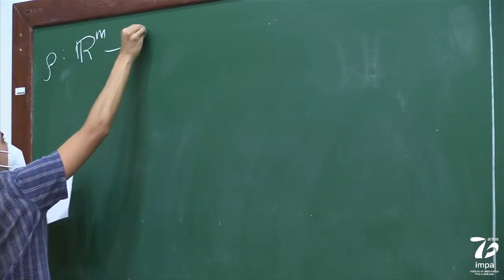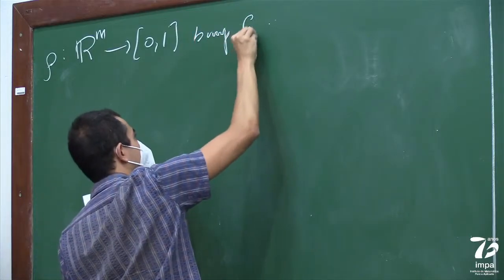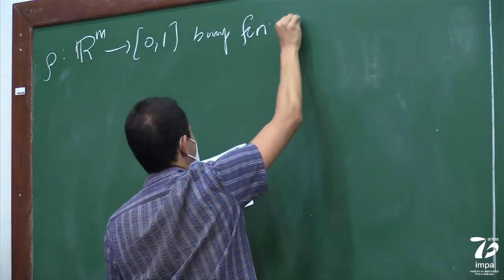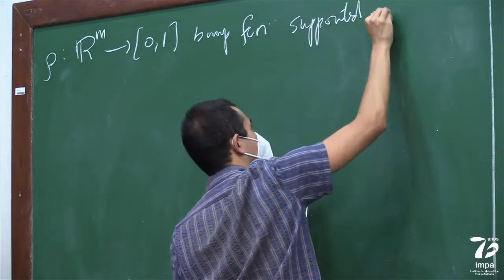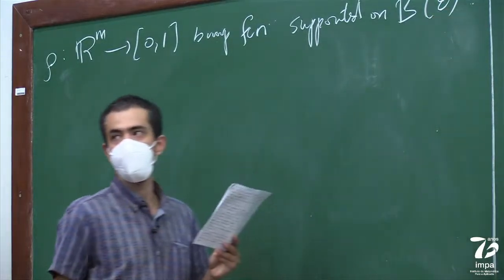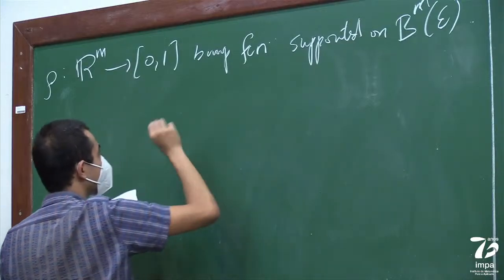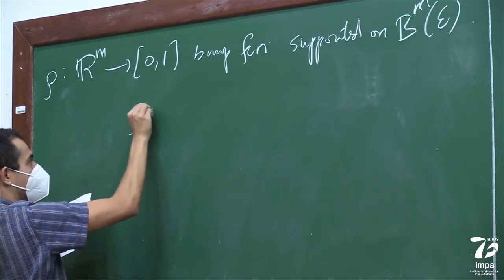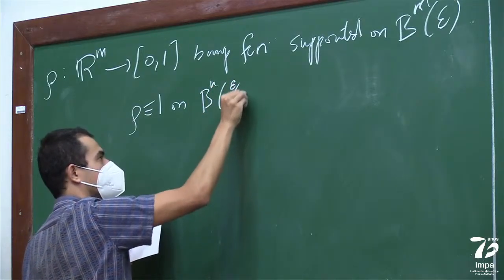A bump function rho from R^m to [0,1], supported on the ball of radius epsilon in R^m, and such that rho is identically equal to 1 on the ball of radius epsilon over 2.